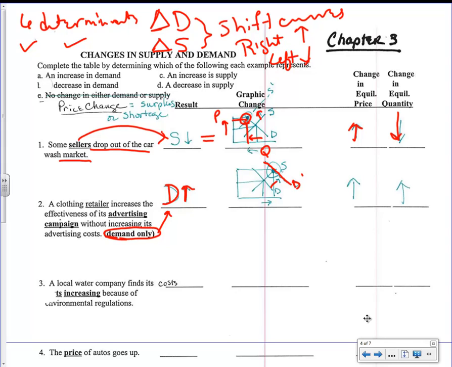So we're going to take the old demand and shift it to the right. Keep the original supply. So now we have a new equilibrium. Price has gone up, quantity has gone up. So when we have an increase in demand, our new equilibrium price is higher and our new equilibrium quantity is higher.